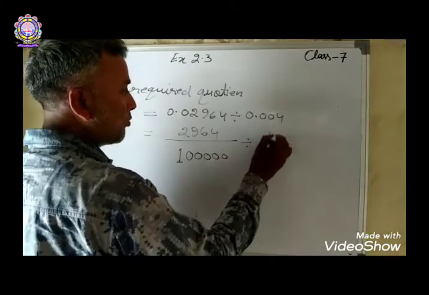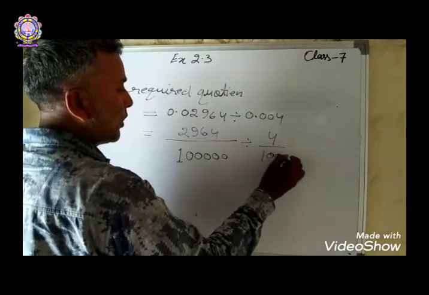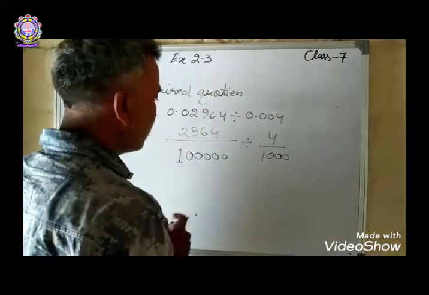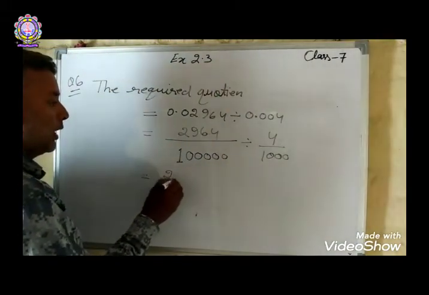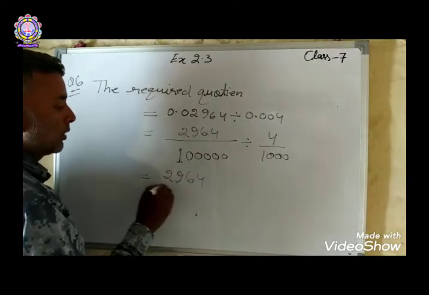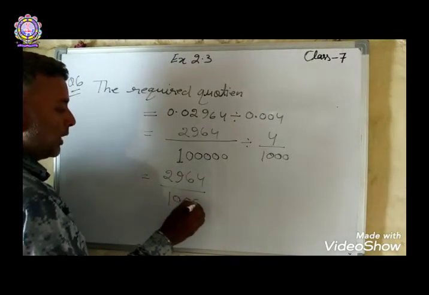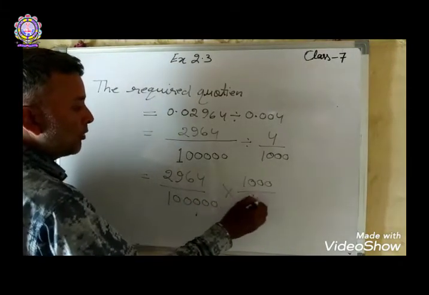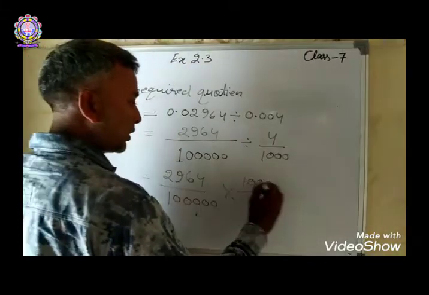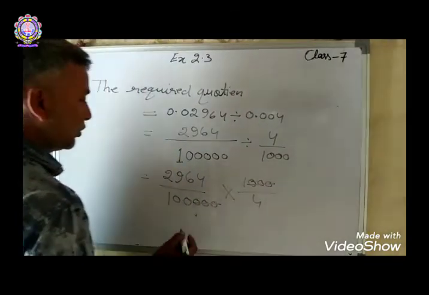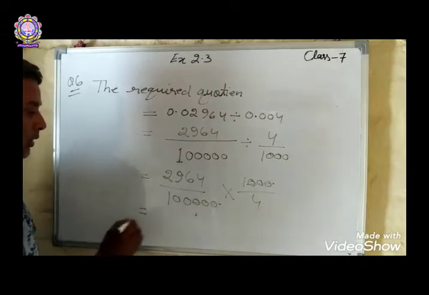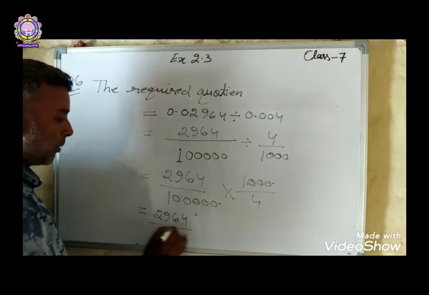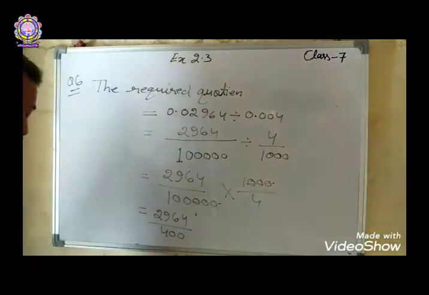Divide again by 4 upon 1000, because after the decimal there are 3 digits, so we add 3 zeros. Then it is multiplied, 1000 upon 4. So 3 zeros cancel by 3 zeros. So you get 2964 upon 400.